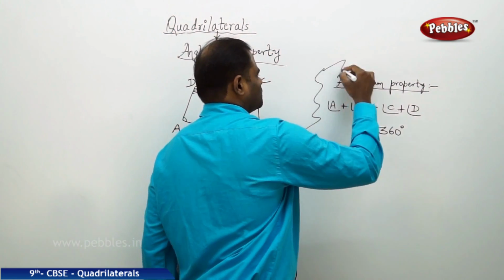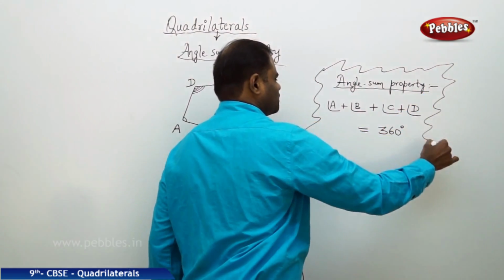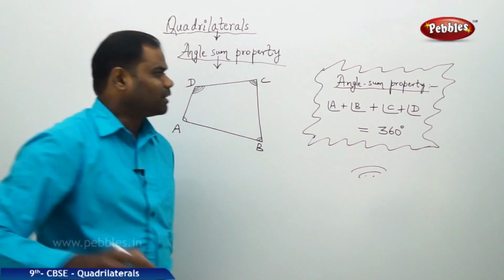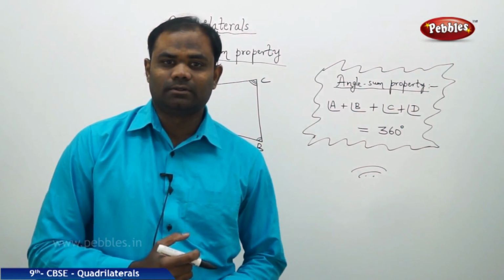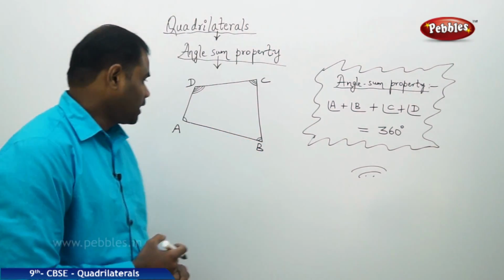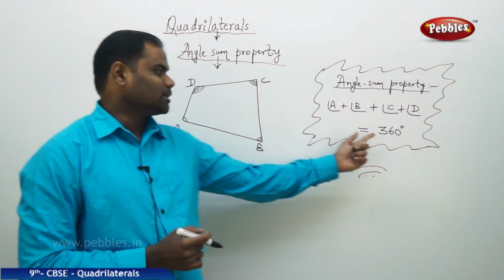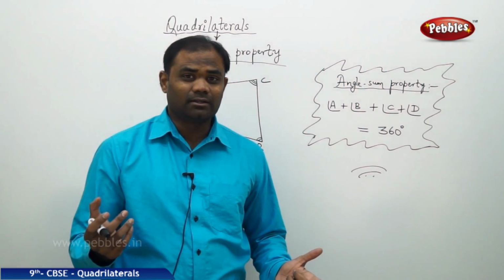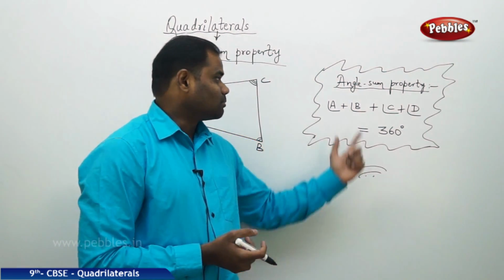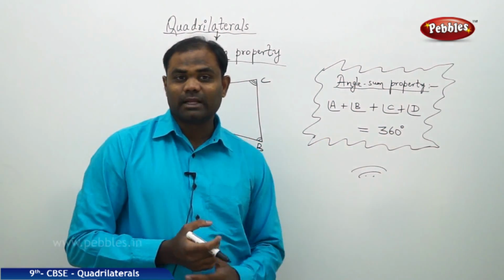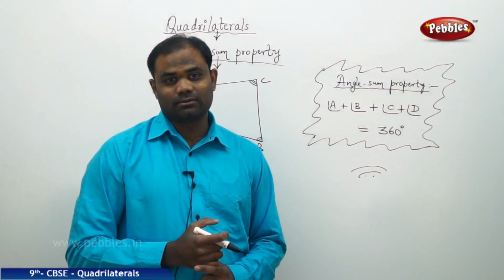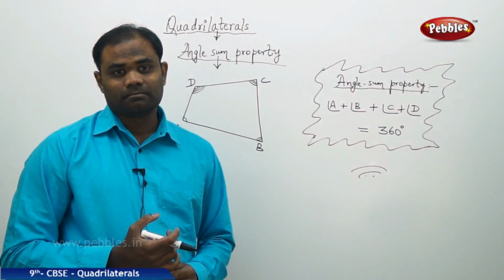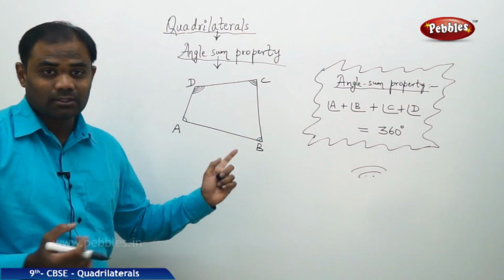That is how I define the angle sum property. The sum of all four angles in a quadrilateral must equal 360. The sum of all three angles in a triangle equals 180, and the sum of all four angles in a quadrilateral equals 360. That is how we define the angle sum property. Let's communicate this in words.